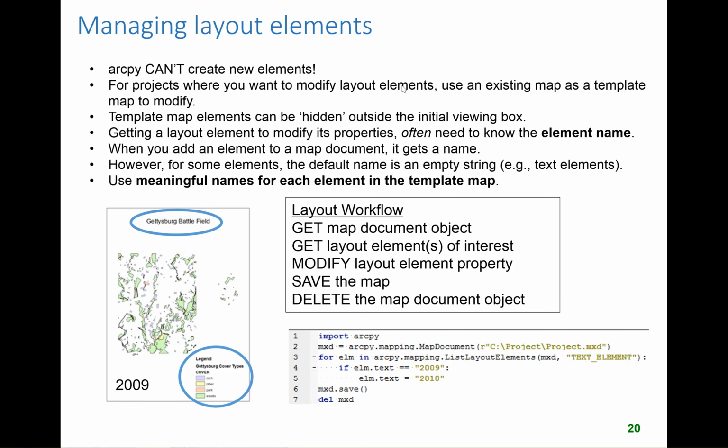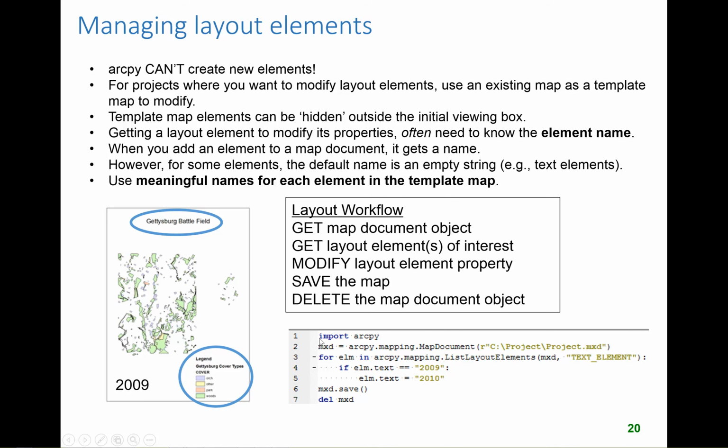So create your template with meaningful names for each element in the map, and then you'll be able to refer to them easily in the code. Your layout workflow will look something like this. Get the map document object, get the layout element or elements of interest, modify the layout element properties, and save the map. Delete the map document object.